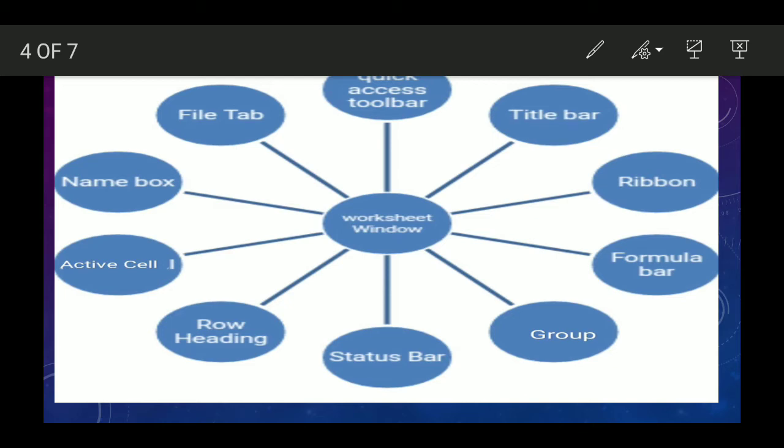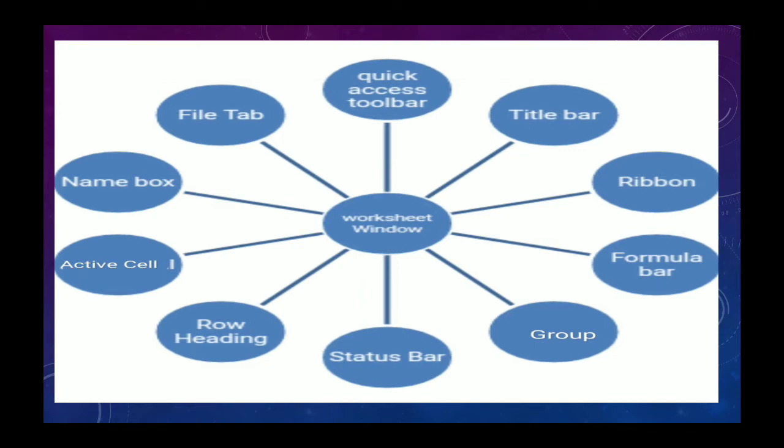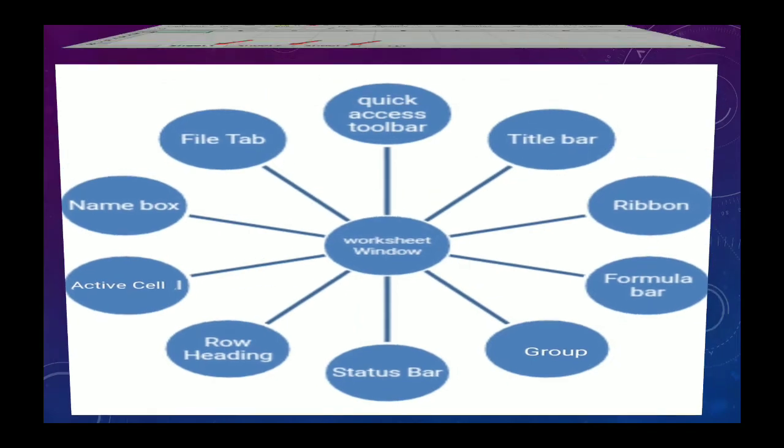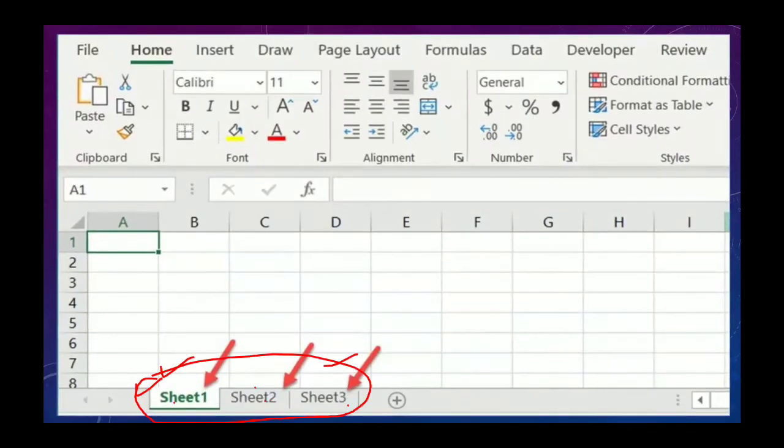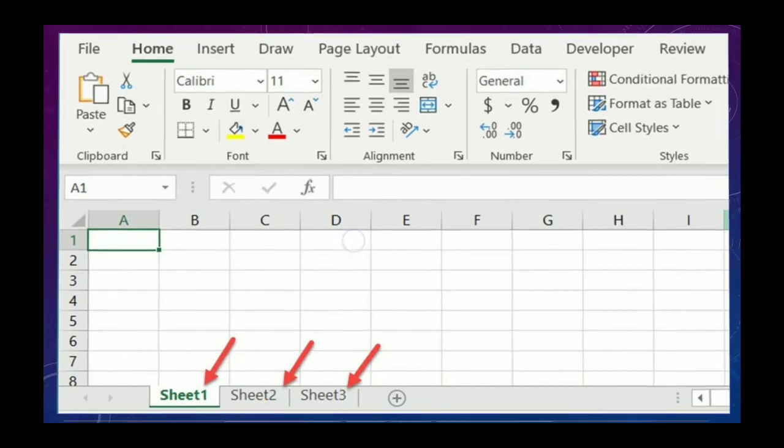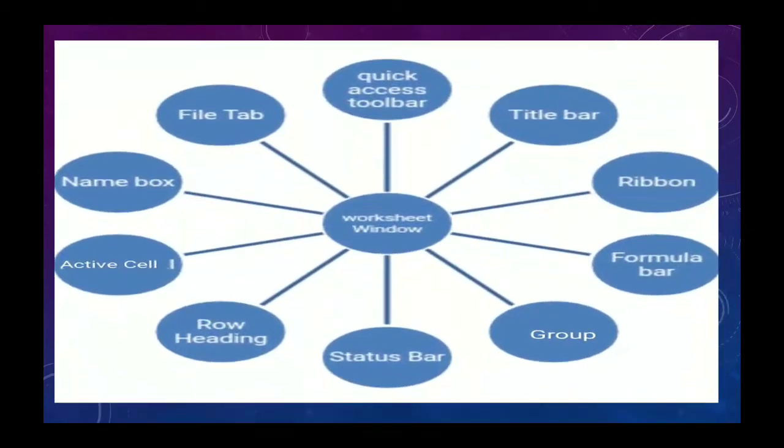Now let's understand all these points. First, quick access toolbar. Which is the quick access toolbar here? You can see on the top left corner you will see a title bar, and in the title bar you will have a quick access toolbar, and in the quick access toolbar we have the commands which are generally or repeatedly used.